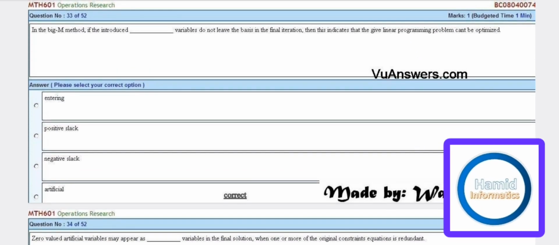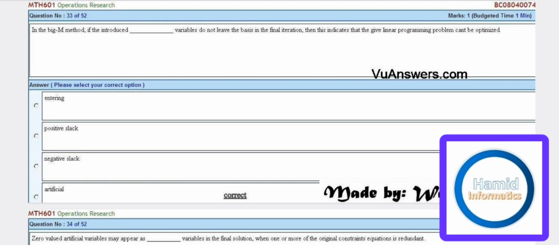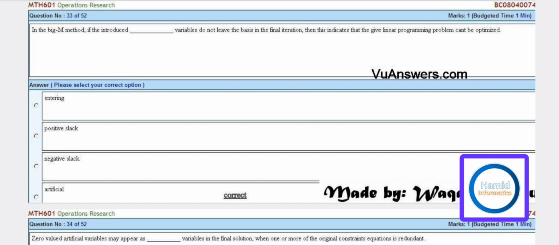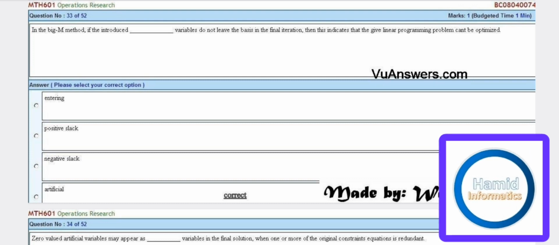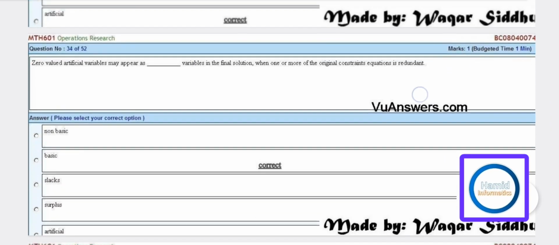Next is in the big M method, if the introduced dash variables do not leave the basis in the final iteration, then this indicates that the given linear programming problem can't be optimized, and the answer is artificial.